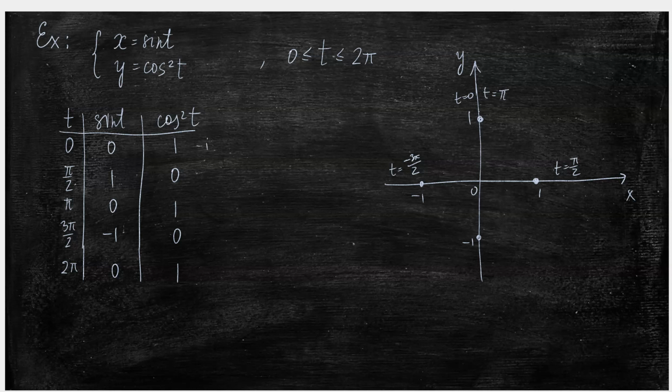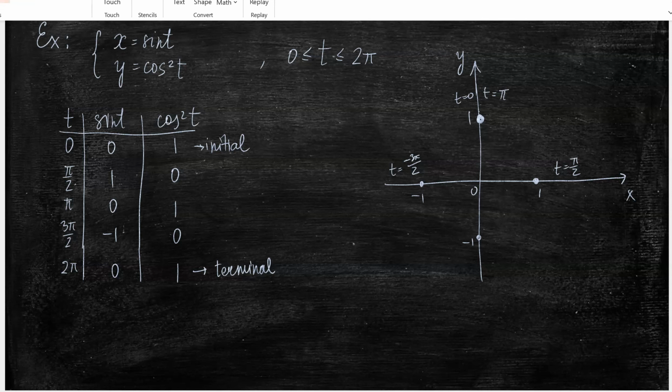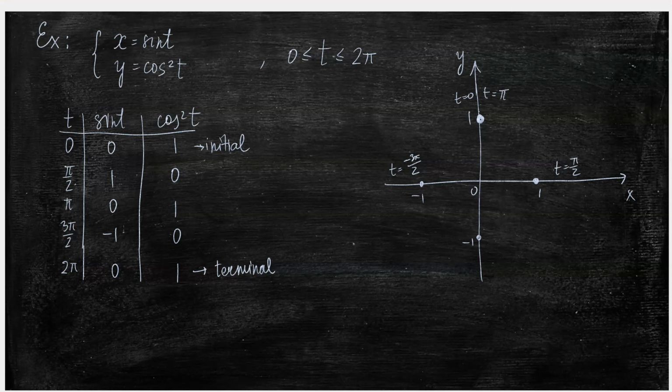So we have an interesting situation here. Our initial point and terminal point are the same. So it starts and ends here, but it does it in an interesting way, right? So first it goes from here, then it goes back.